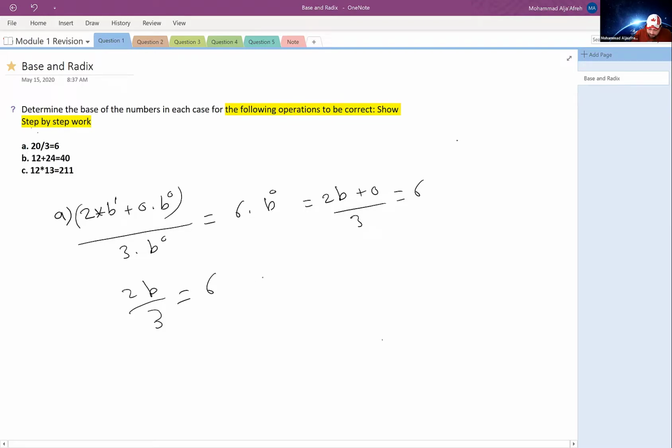What I have to do is multiply both sides by 3. So 2b is equal to 6 multiplied by 3, which is 18. So b equals 9. For that equation to make sense, those numbers have to belong to base 9. Is that clear?